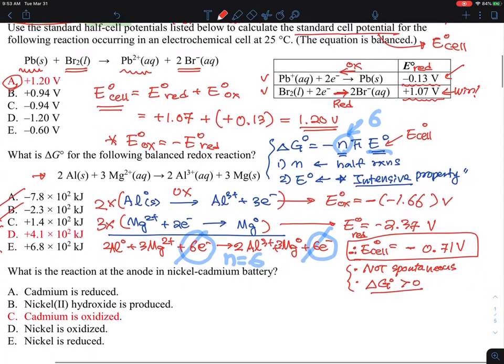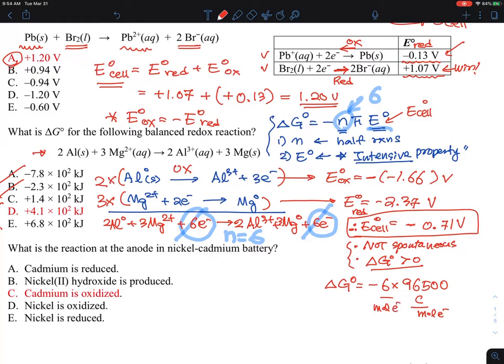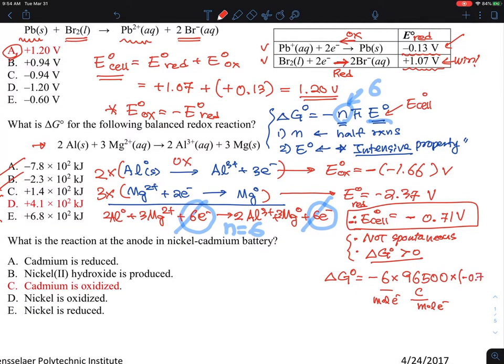And then all I need to do now is solve this: delta G naught is minus 6 times F, which is 96500 coulombs per mole of electrons, multiplied by E cell, which is minus 0.71.